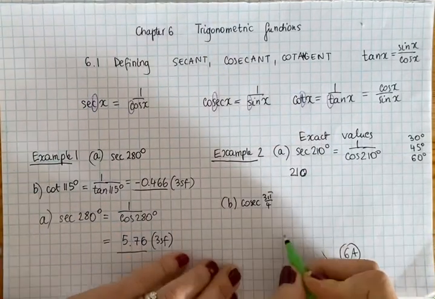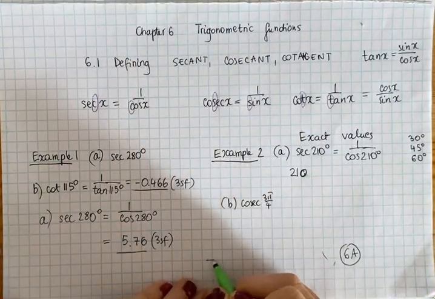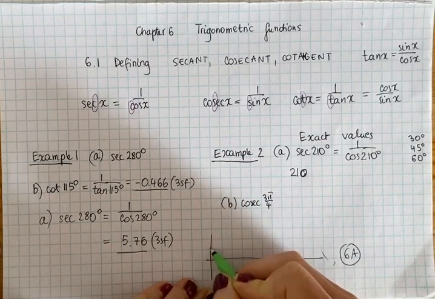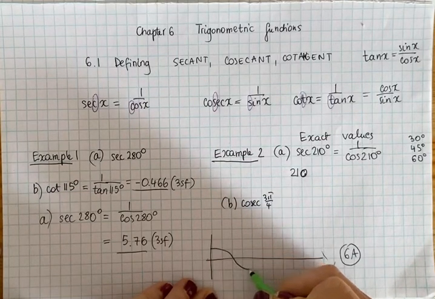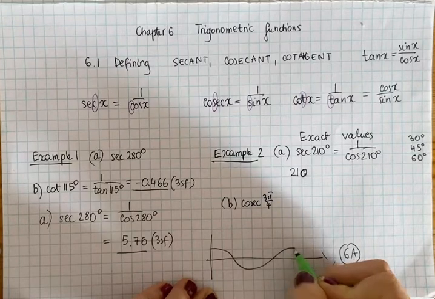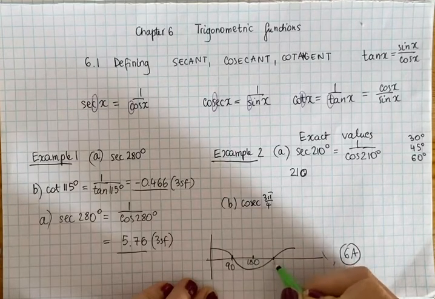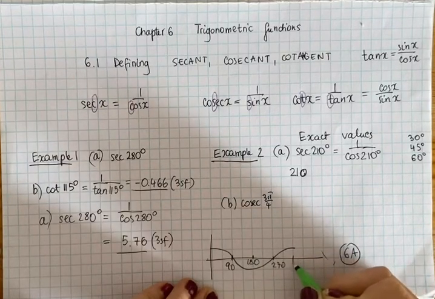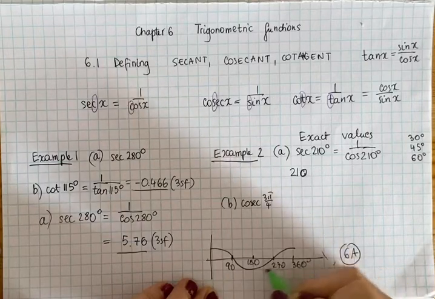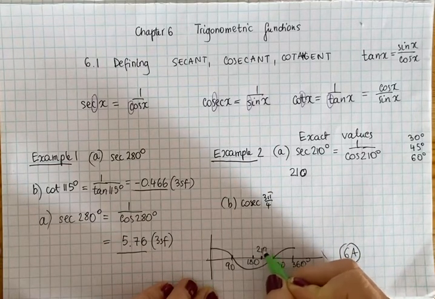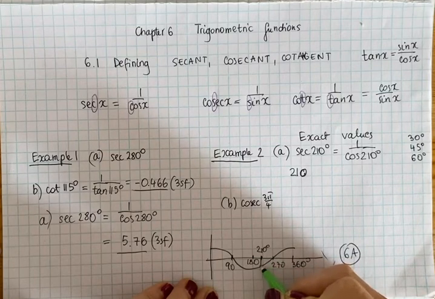I can actually show you on the graph of cos function. So there is my cos. Okay, so this is 90, this is 180, this is 270 and 360. So you could see that 210 is over here.